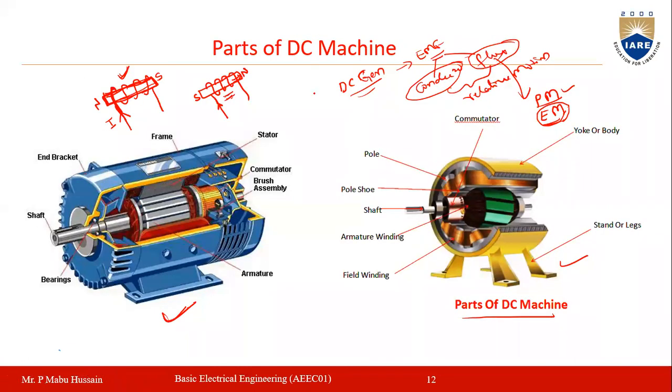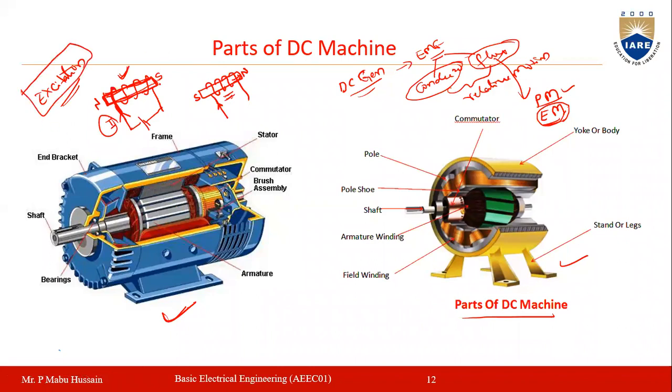Right. Now giving some voltage to this winding, or supplying some current to this electromagnet, is called the excitation. You remember this word excitation.